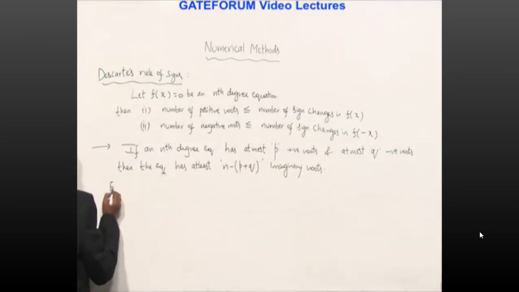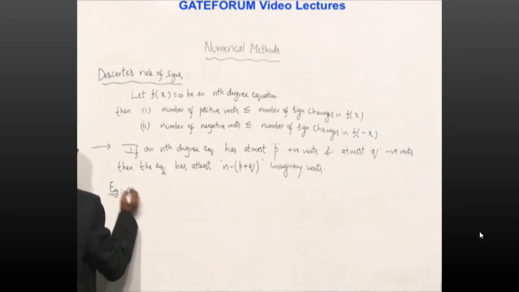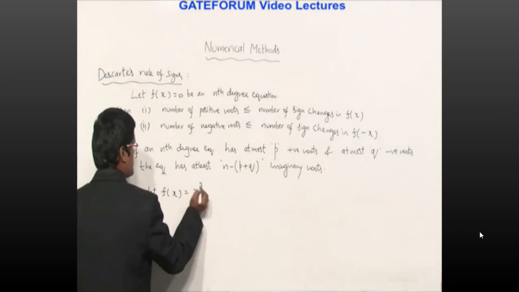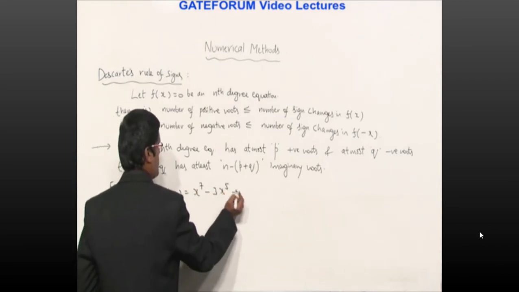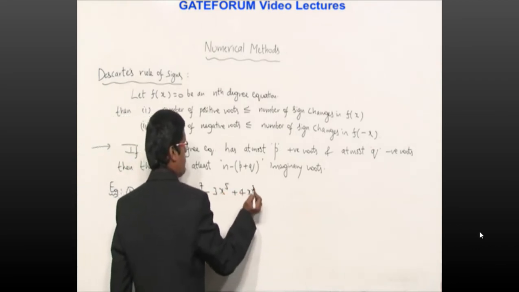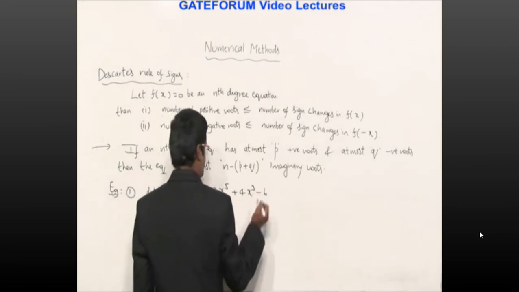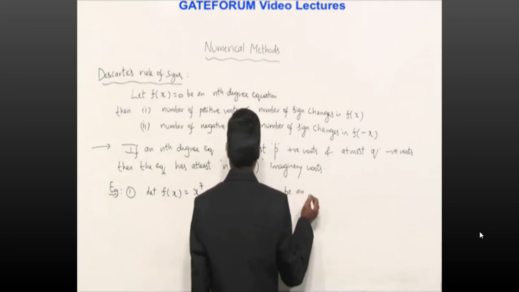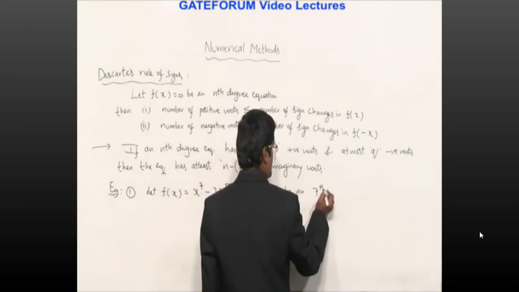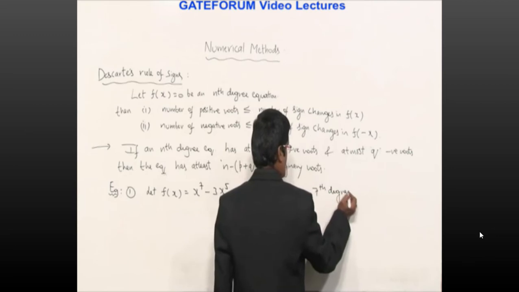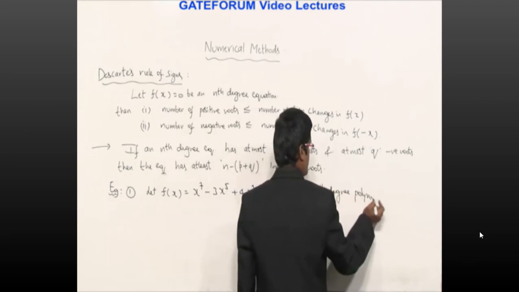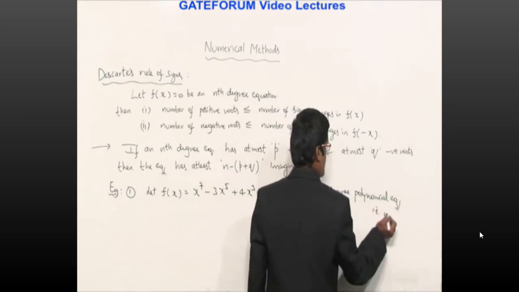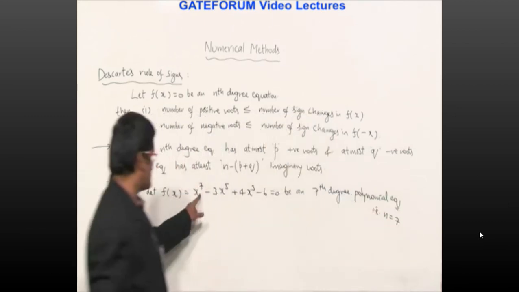So example, first one: let f(x) = x^7 - 3x^5 + 4x^3 - 6 = 0. This is a 7th degree polynomial equation, that is n value 7, highest power is 7 only.